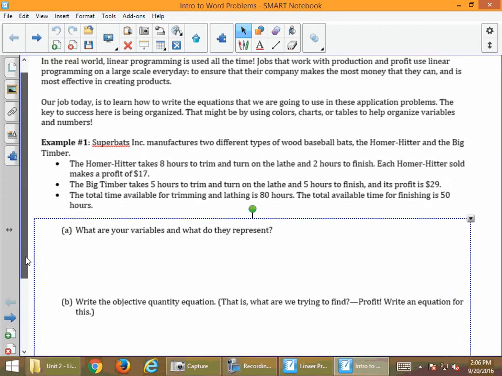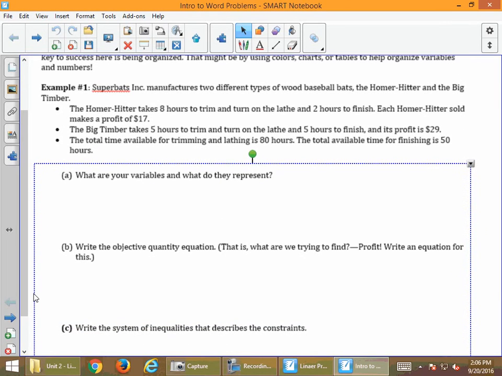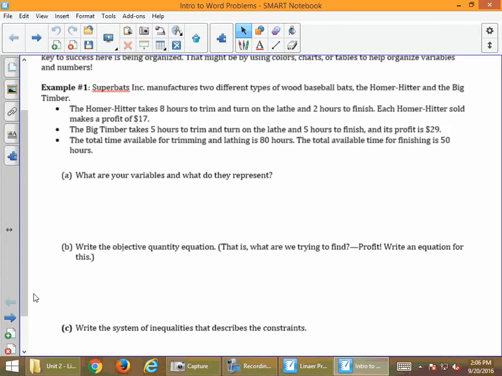If we look at the first example, you can boot up, of course. There you go. Supermax Incorporated manufactures two different types of wood baseball bats: the Homer Hitter and the Big Timber. The Homer Hitter takes 8 hours to trim and turn on the lathe and 2 hours to finish.